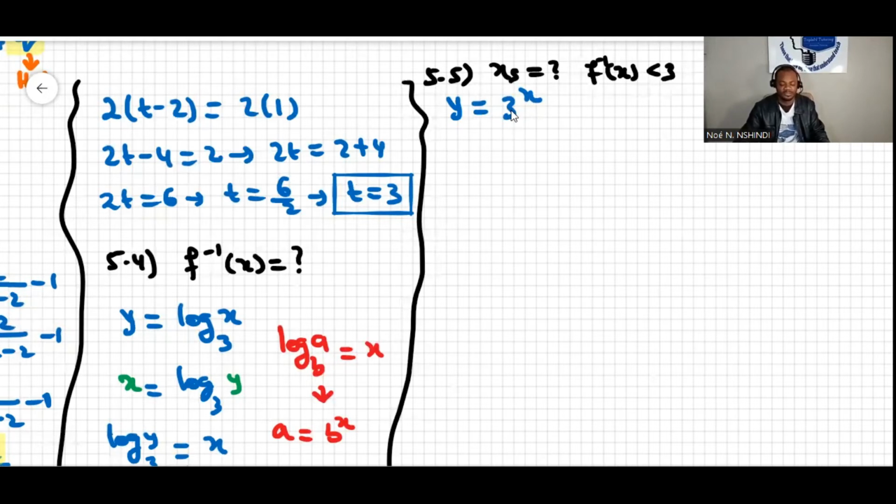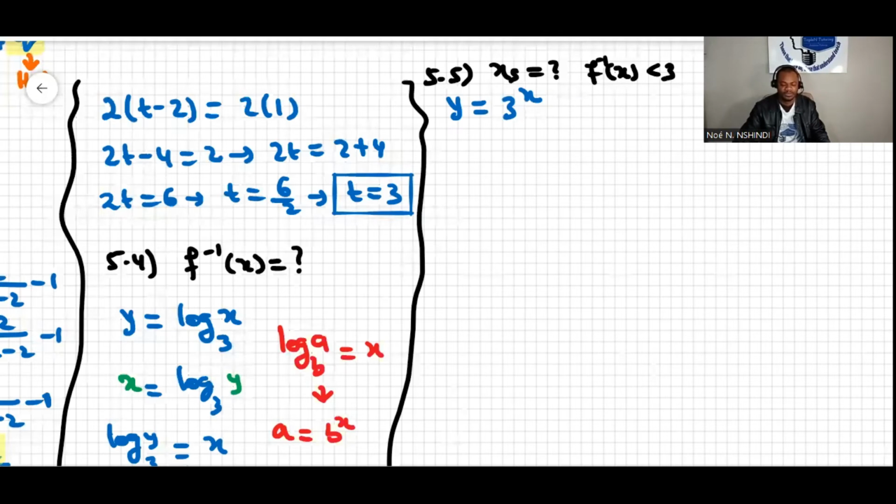Now, less than 3 means, in other words, we have 3 to the power of x, which stands for the equation of f⁻¹, less than 3.